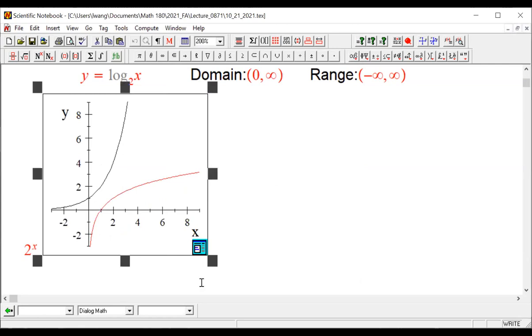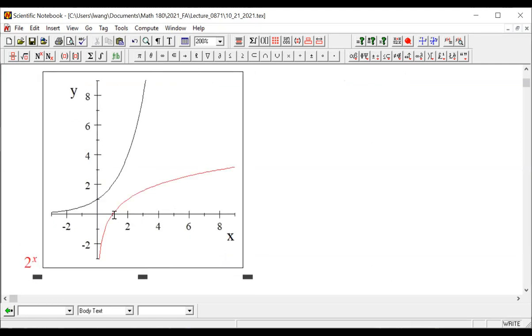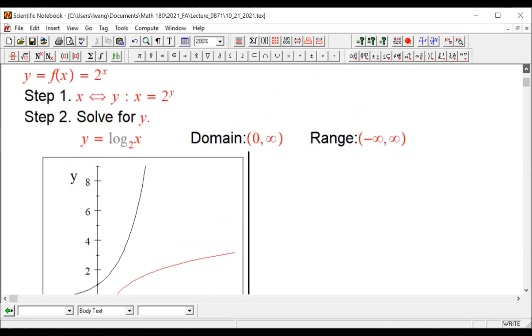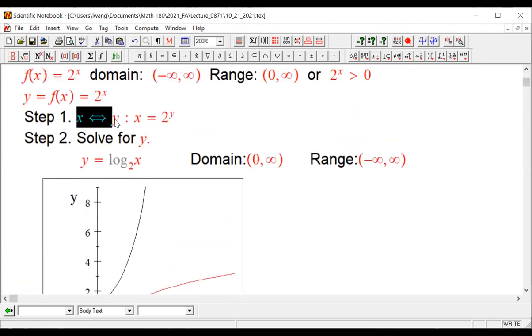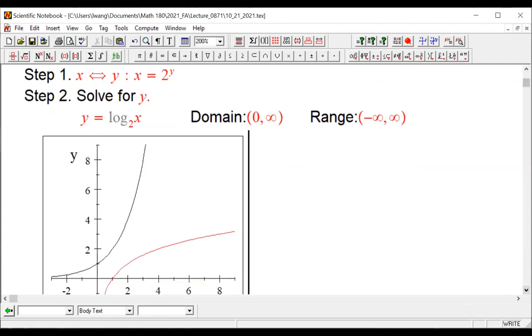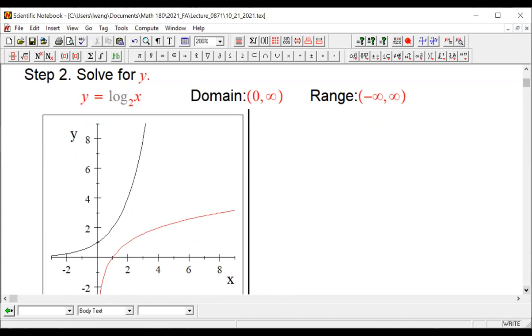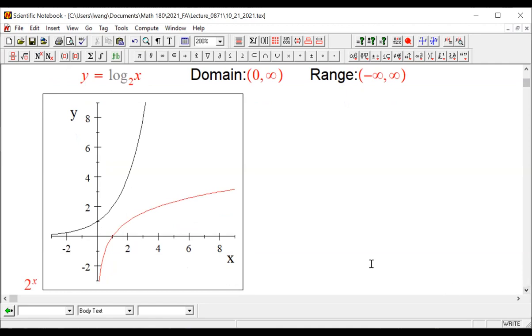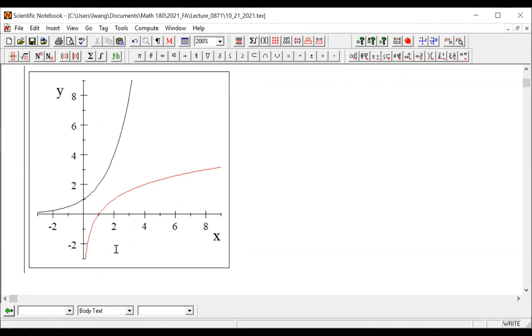That's inverse to each other. In terms of swapping, we saw this swapping taking place, when x is swapping with y, and we have done this for truncated sine, arc sine, truncated cosine, arc cosine, truncated tangent, arc cotangent. They all follow the same pattern. Okay, so 2 to the power x, log base 2 of x.